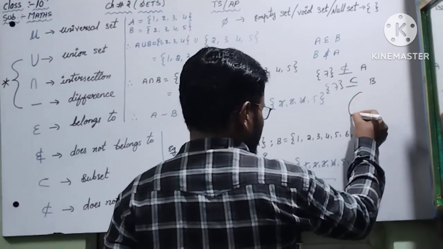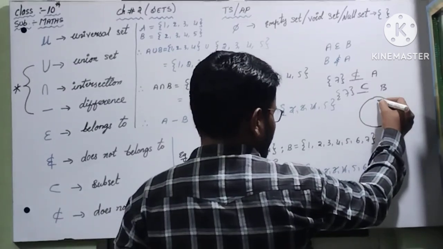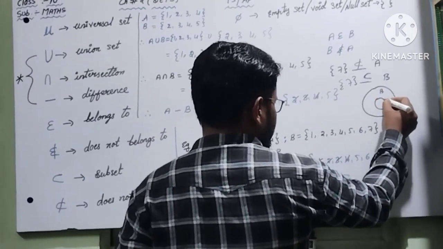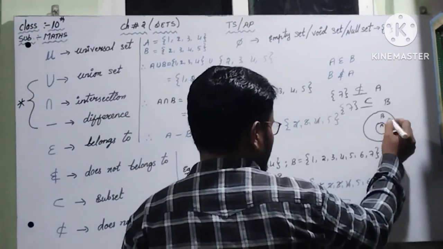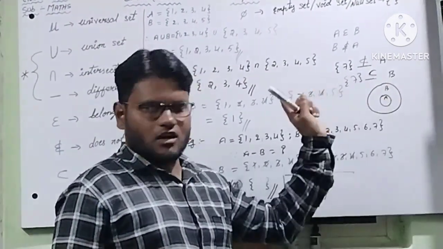Suppose I mark this circle as B, and here I use this as A. Whatever elements are in A, are all of them in B or not?